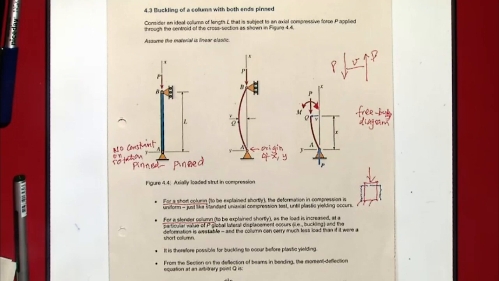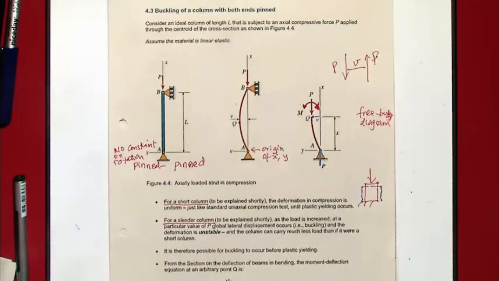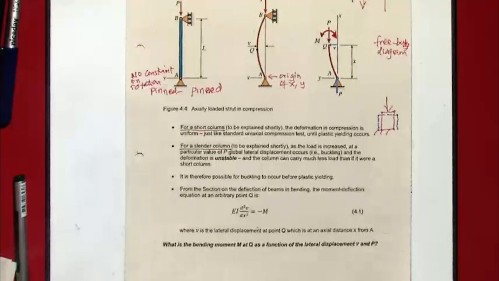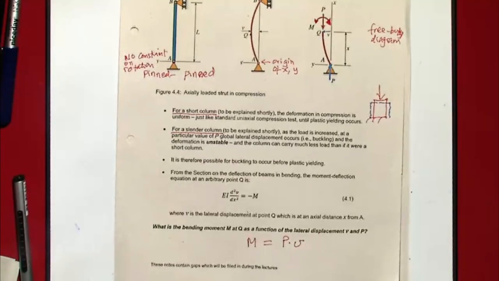P times V, because this is going to cause a rotation like that. So the bending moment about point Q, M around point Q, is P times V, where V is the magnitude of the movement of that structure at point Q.